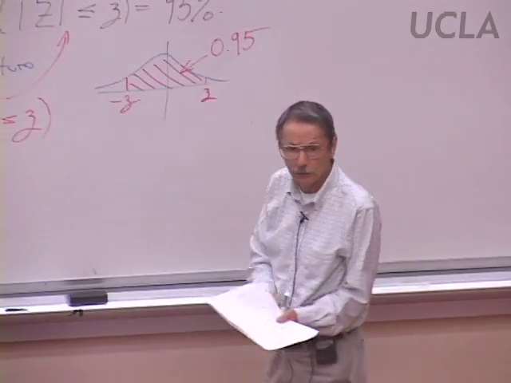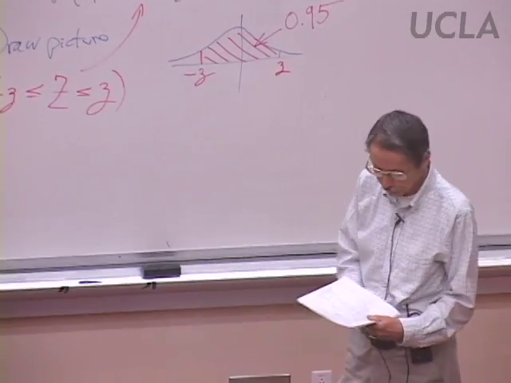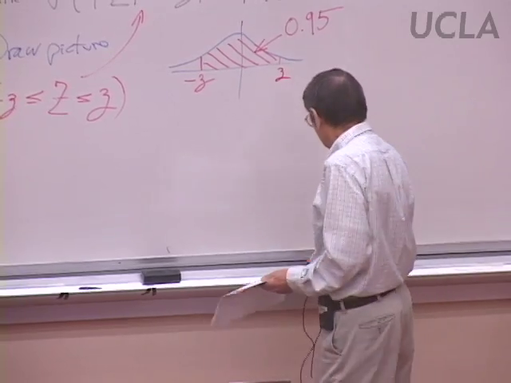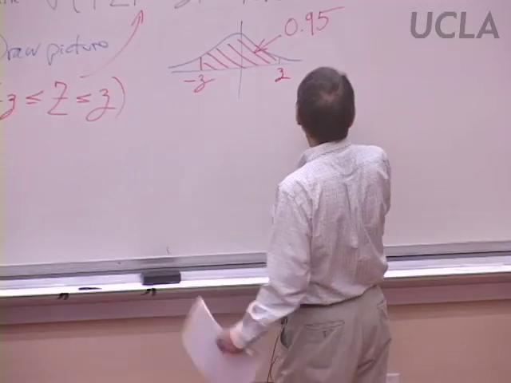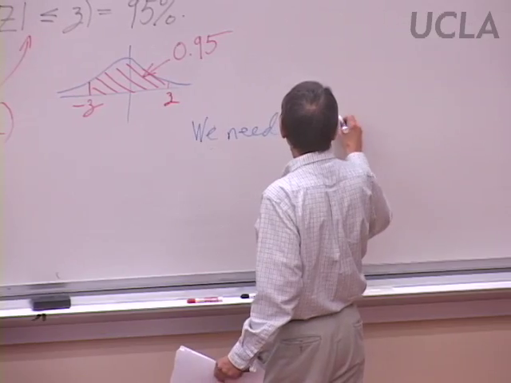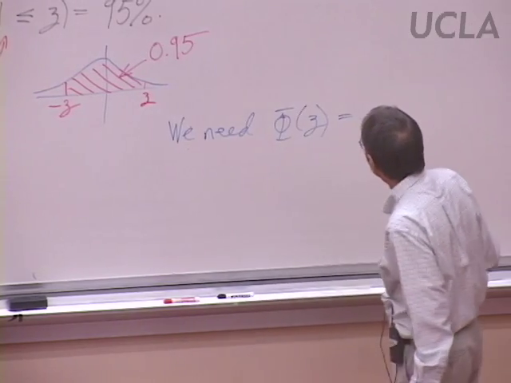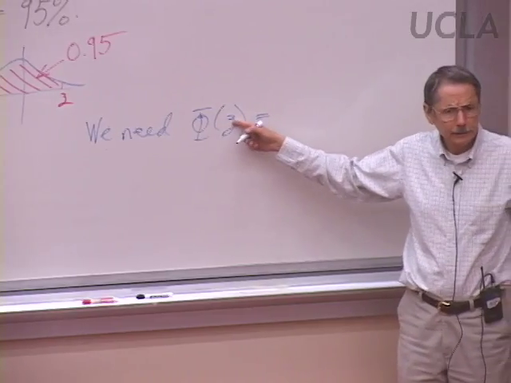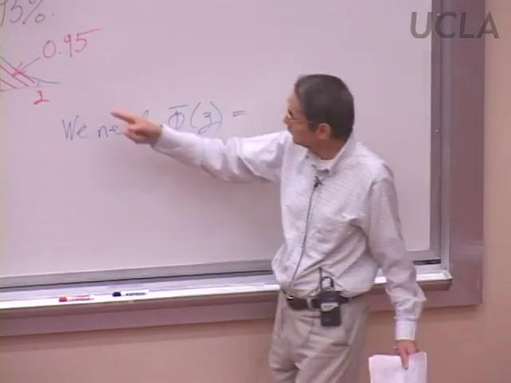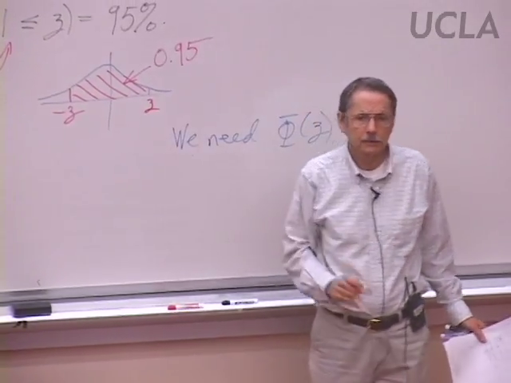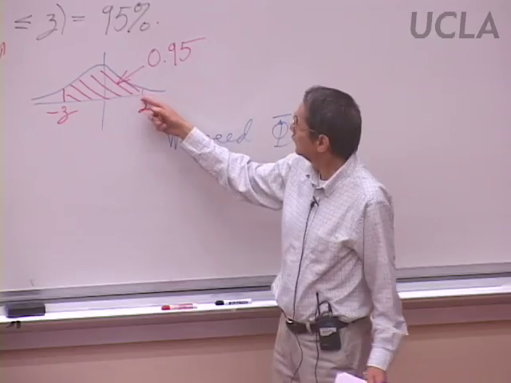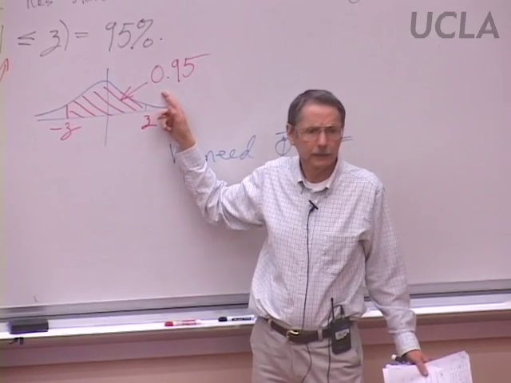Well, we have a table for the cumulative distribution function. It would be nice if we knew what phi of z is supposed to be. Well, we can get that from this picture. Phi of z is not 0.95.